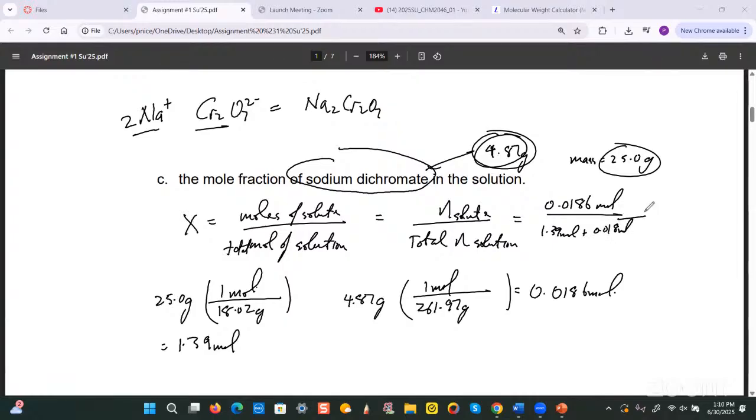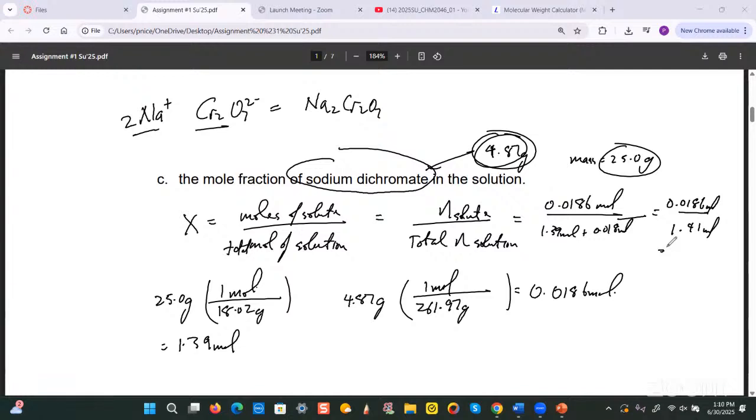So what I'm going to do is work out the denominator first, 1.39 plus 0.0186. And that gives 1.41 moles.